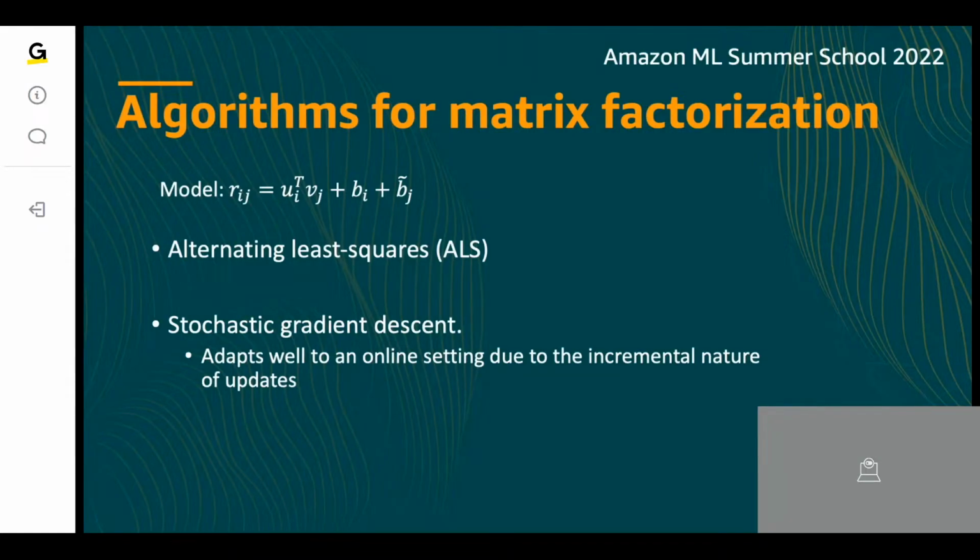But there's probably an even easier method to do this, to carry out these updates to user and item estimates simultaneously, in a single go. This alternating least squares optimization can be carried out using stochastic gradient descent, because it adapts very well to the online setting, where you are able to achieve very quick updates to these estimates, and then update them as you go along based on the latency requirements that you have.